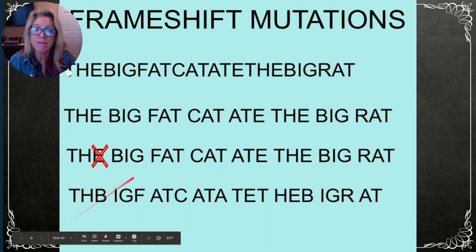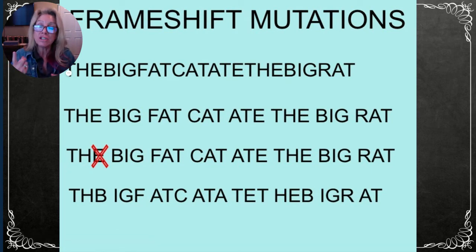So instead of the big fat cat ate the big rat, you have the bif atc att eth ebi gra t, which makes no sense. And that's called a frameshift mutation. So on your notes, as a result of either an addition or a deletion, codons are reset from that point forward, and then all of these can form non-functional proteins.